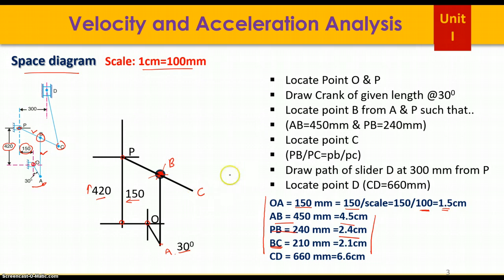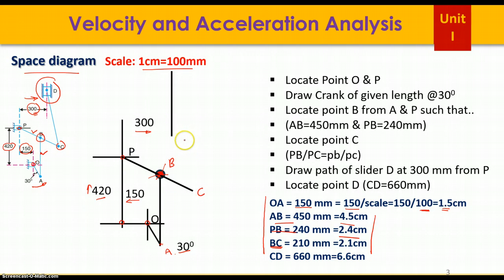Once you have point C, now look at this slider. The stroke line is 300 millimeter towards right of this pivot point P. So from this point P, take 300 millimeter towards right and draw a vertical path.